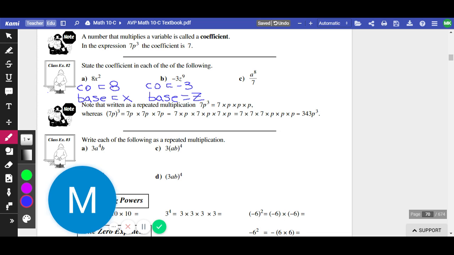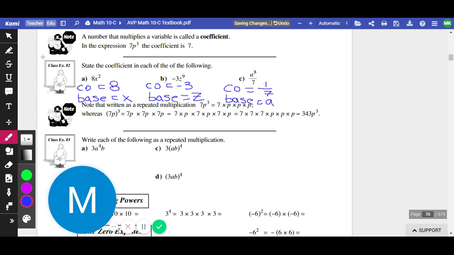I'm going to give you the answer, but then I'm going to rewrite it to show you why that's the answer. So the coefficient is 1 divided by 7. The base is a.